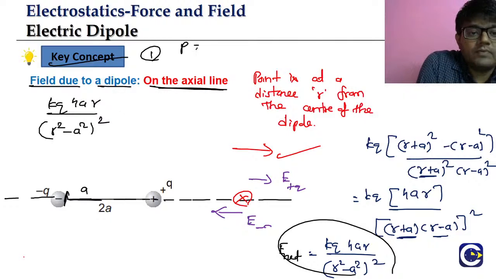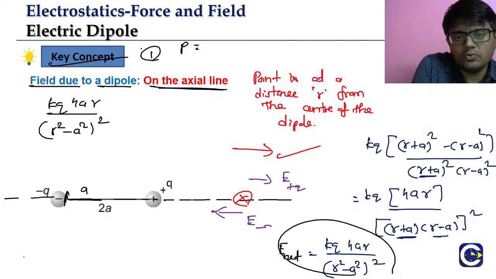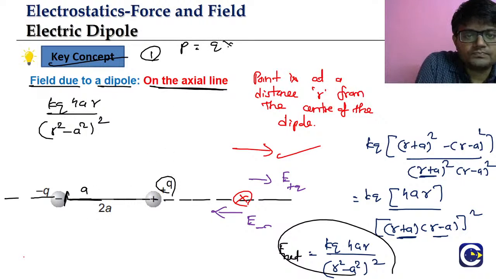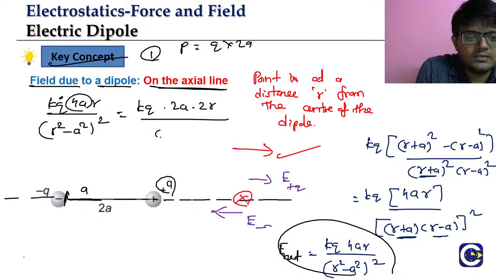What is the dipole moment value? P. P is equal to what? Q into 2a. Okay, so in the numerator, look, is q there? 4a we can write as 2a into 2. Okay? r square minus a square the whole square.